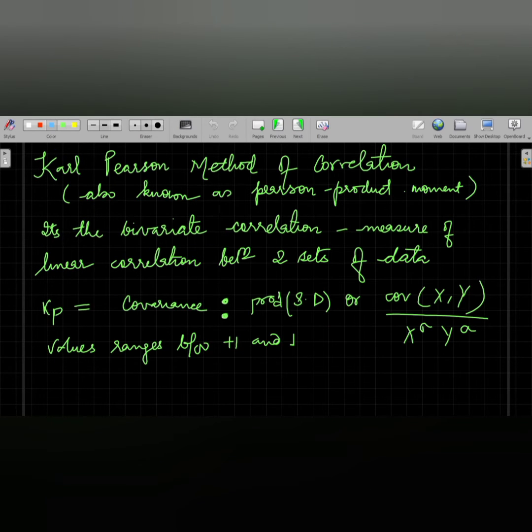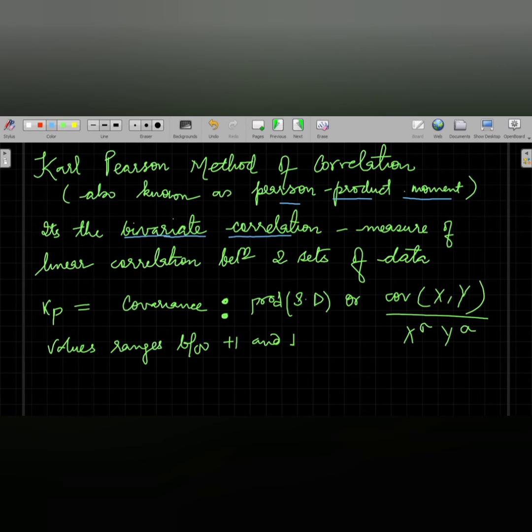Now we will move to the second method, that is the algebraic method. In the algebraic method, the first method is the Karl Pearson method of correlation, which is also known as Pearson product moment. It is bivariate correlation.